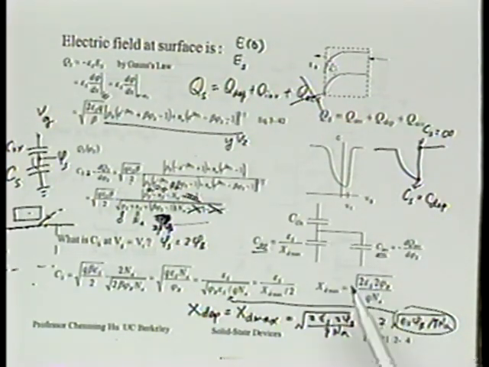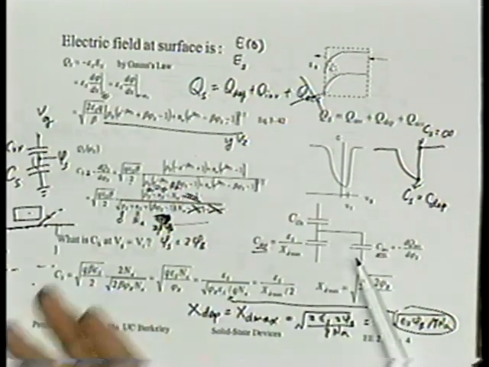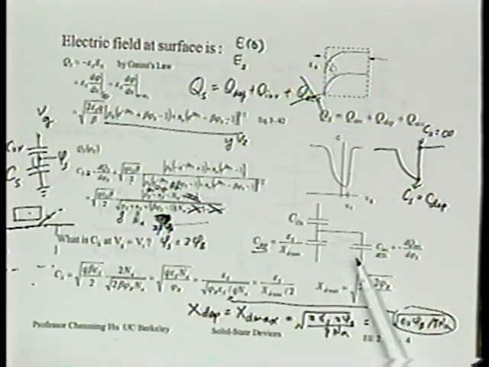When VG is less than VT, the response to the changing voltage is not a change in Q inversion, but a change in Q depletion. Do you see what we're saying? So that is a good way to define where the inversion takes place.